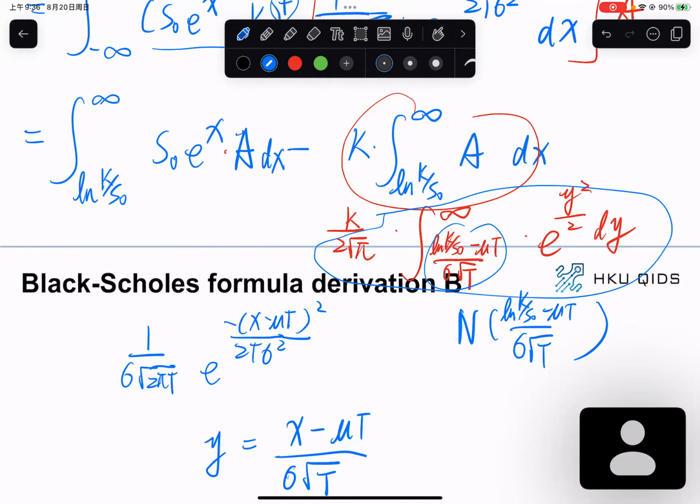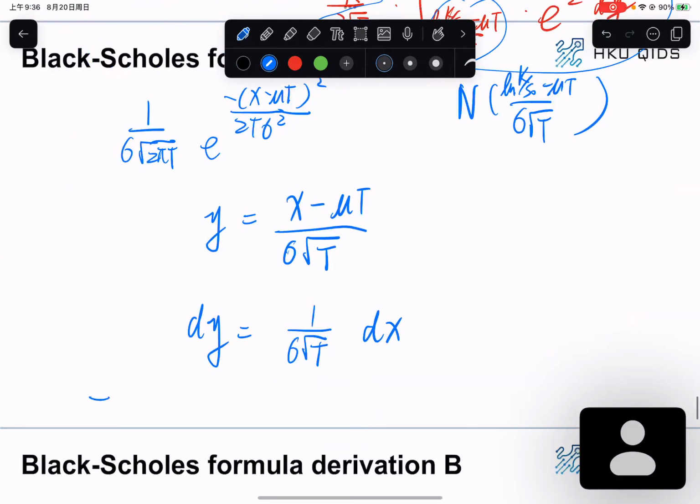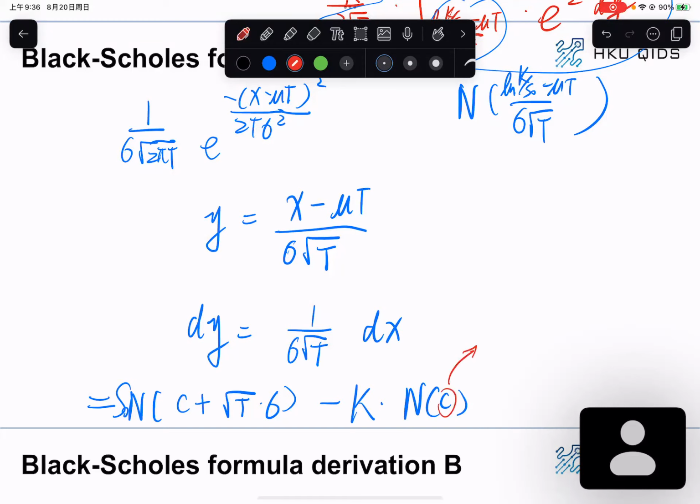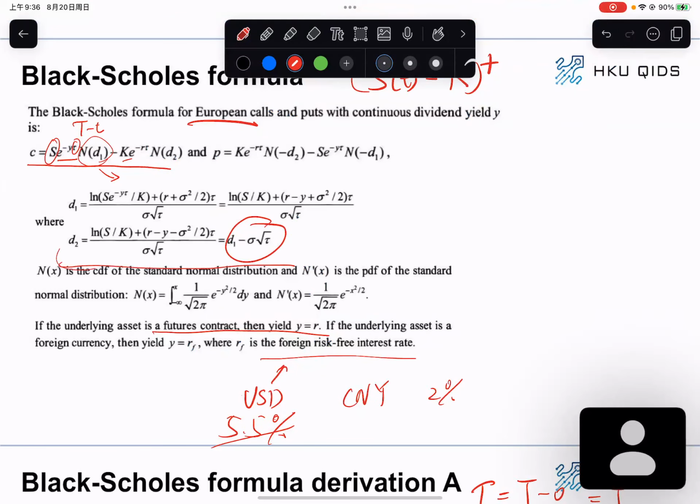And we can do the similar thing to the first part, and then it is going to be N(d1) multiplied by S0 minus K N(d2), where this d2 is just what we rewrite it here, right?